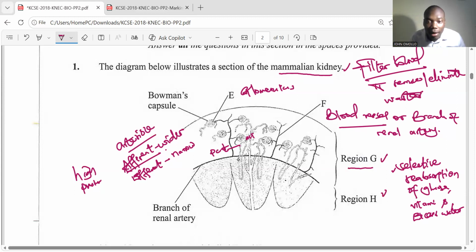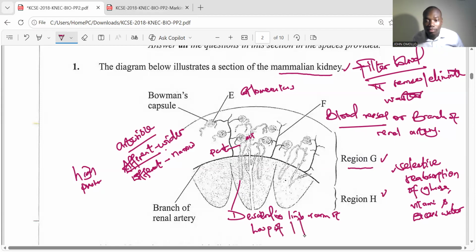And then down here, we have the loop of Henle. This one is called the descending limb or arm of the loop of Henle. And then you can easily see that it descends and then ascends.